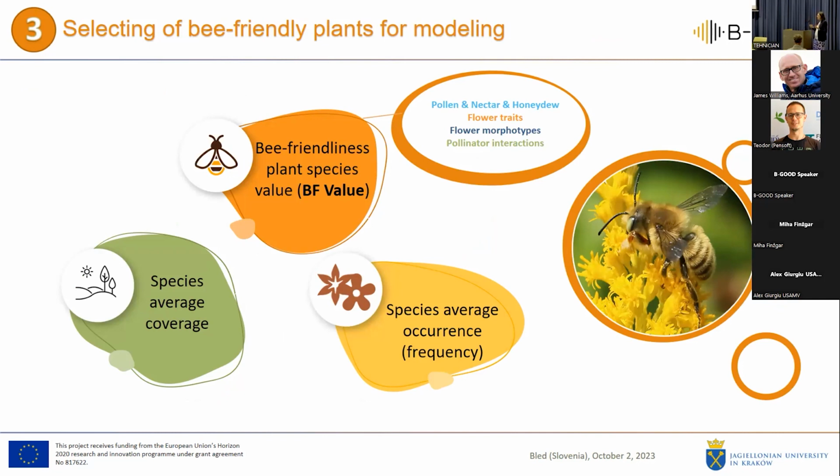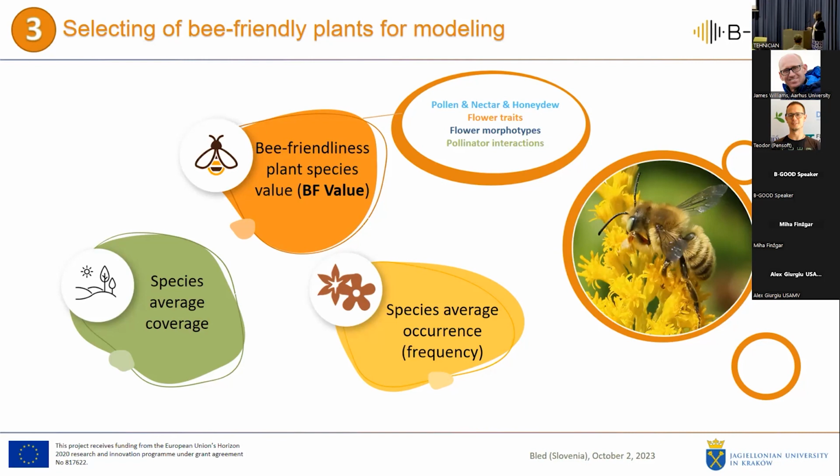This friendliness was based on pollen, nectar, and honeydew production, but also on flower traits, on flower morphotypes, and on pollinator interactions. There were also a lot of surveys done with beekeepers to ask, from their experience, what kind of plants are most important for the bees.